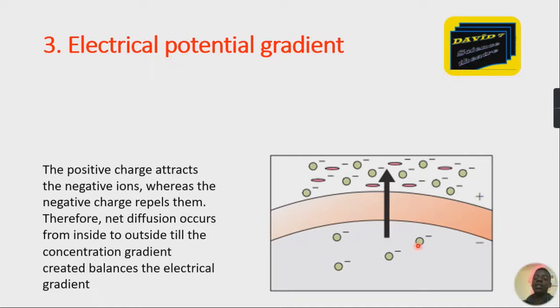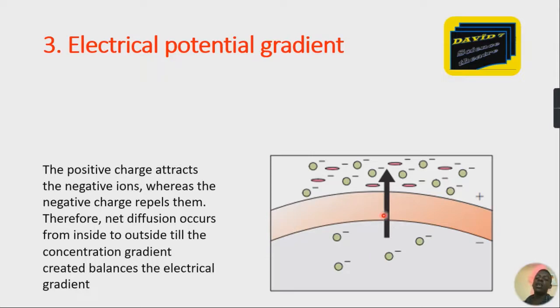So we had initially the same number of negative charges inside and outside, but the presence of a negative charge inside repels the negative charges from inside to go outside. This repulsion also adds to the attraction of the negative charges by the positive charge outside the cell membrane.